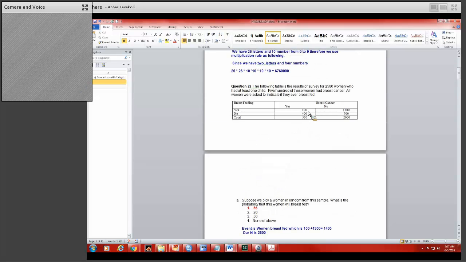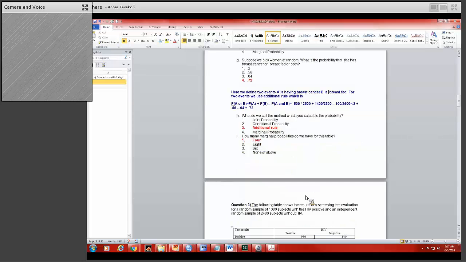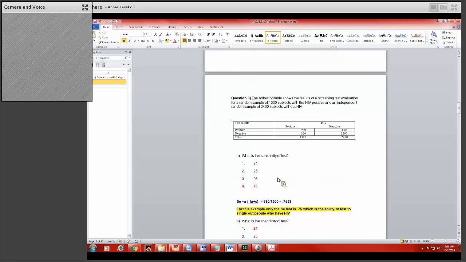They have 100 who had breast cancer and breastfed, so you have to subtract that. And that is the addition rule. How many marginal probabilities do we have for this table? The number is 4, because you have two rows and two columns.